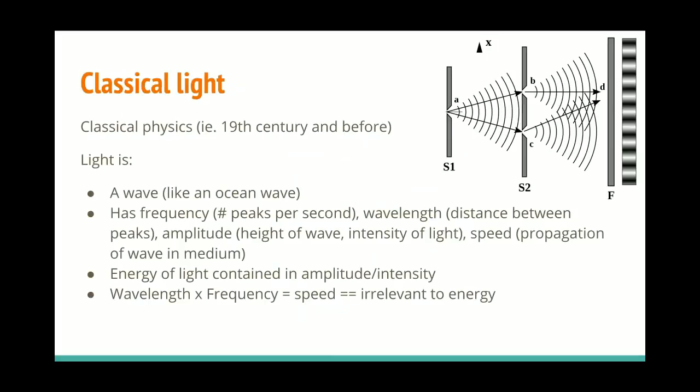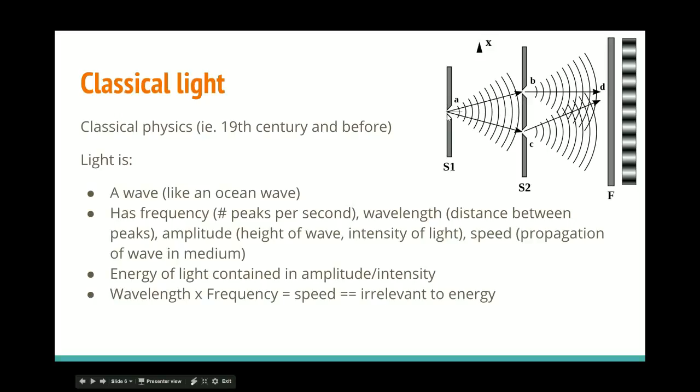Now, the way physicists looked at light back in the 19th century was as a wave, like an ocean wave. And that's because of this thing over here on the right. They knew that light behaved like a wave because of this. So S1 means source 1, S2 means source 2, and F just means the final wall, wherever those waves hit.